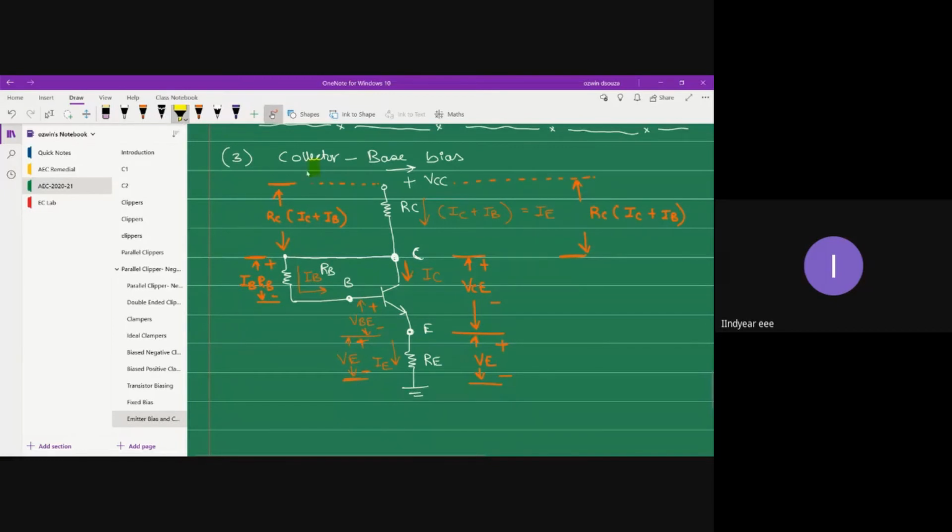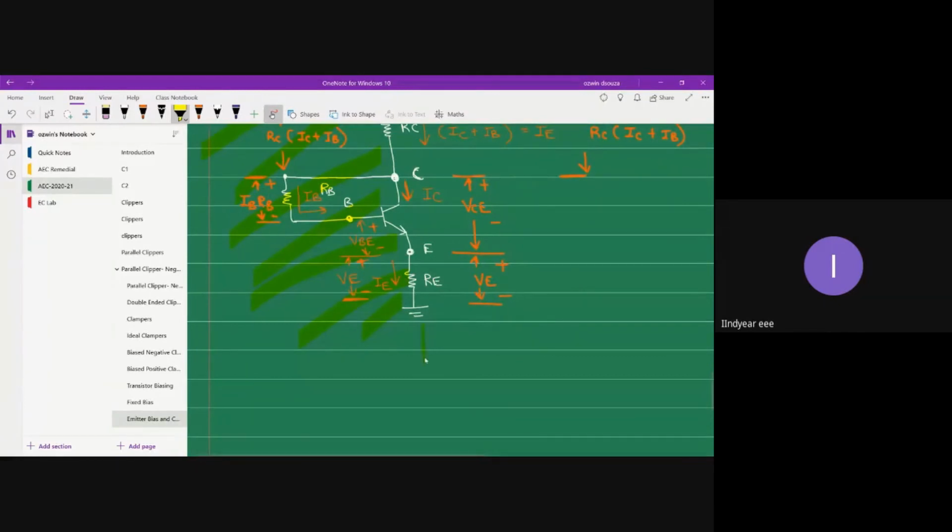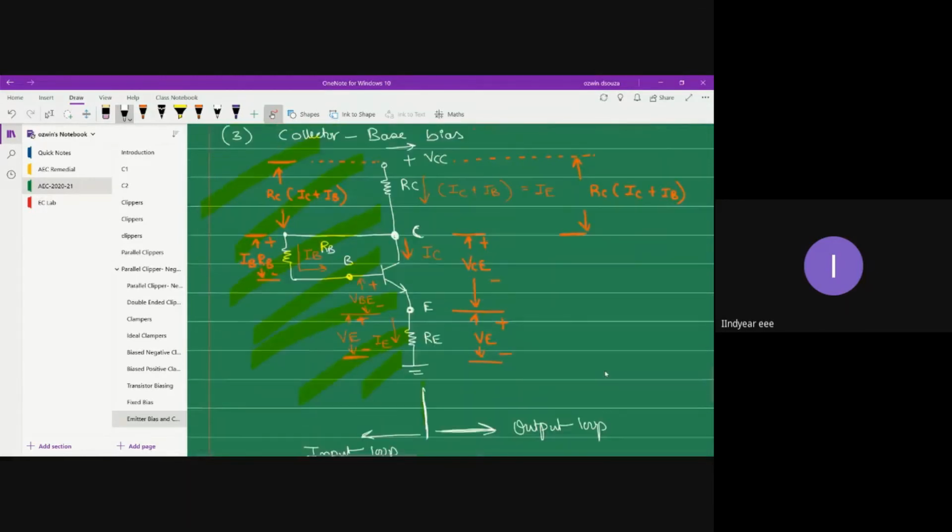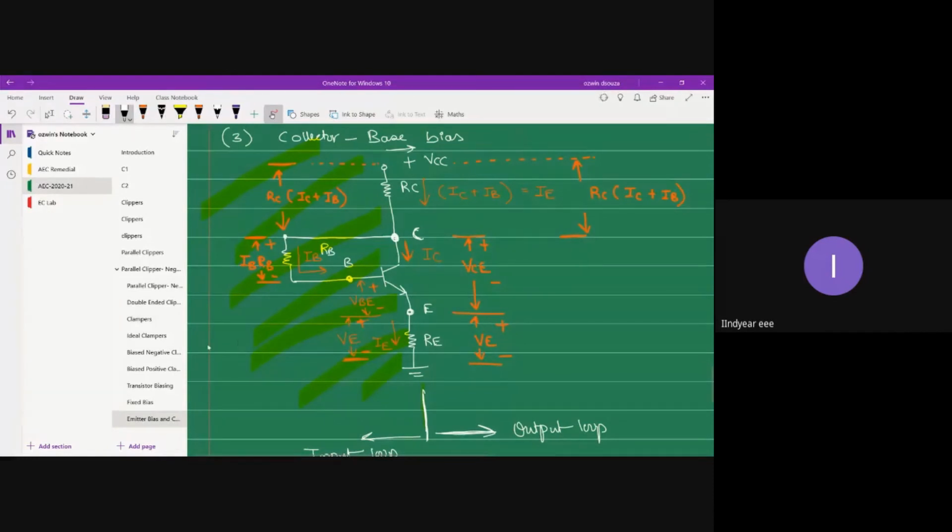This left hand side region is my input loop, and from this imaginary axis, anything that falls on the right hand side is going to be the output loop. Fine, clear?